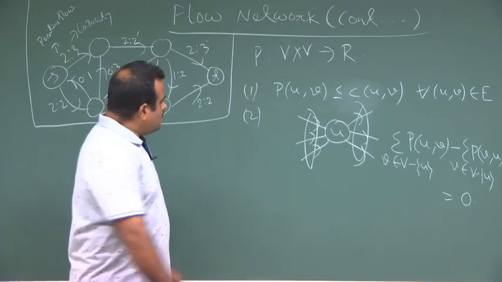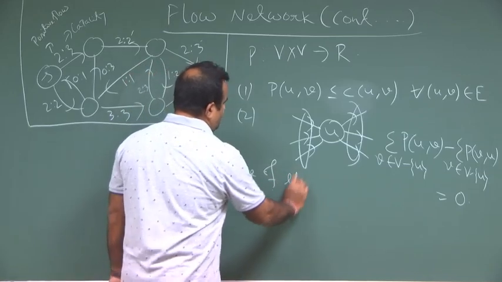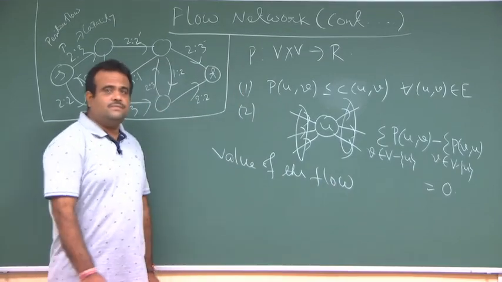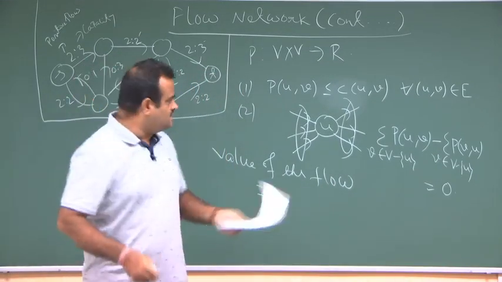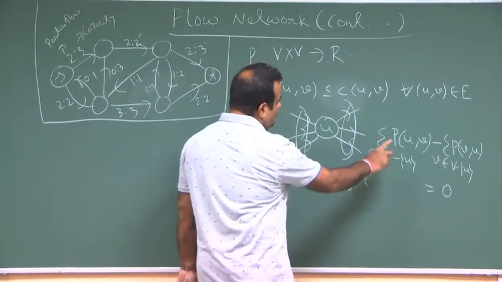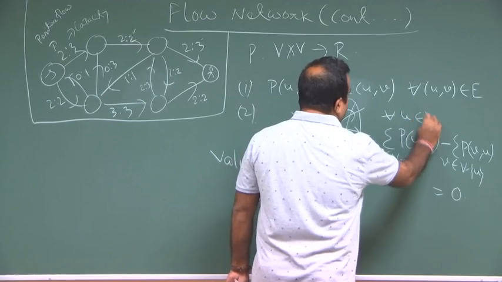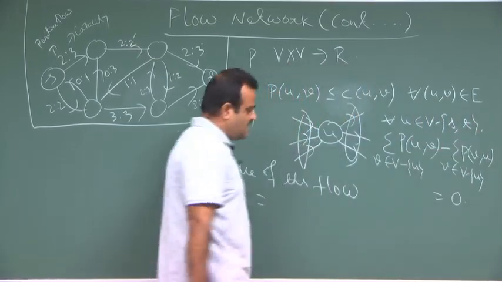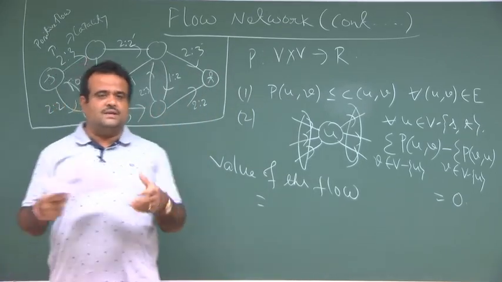Then we define the value of the flow. The value of the flow is basically the flow going out from the source. The flow conservation property is true for all u which is not the source or sink, but for the source and sink, we are passing the current from the source and the sink is receiving the current.